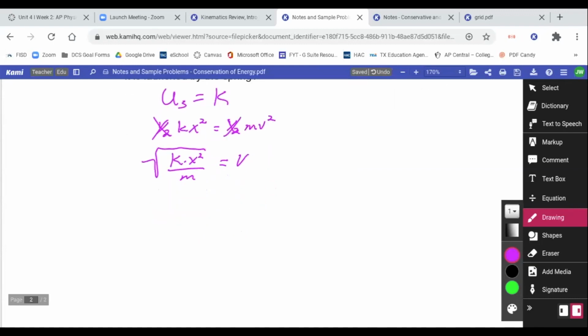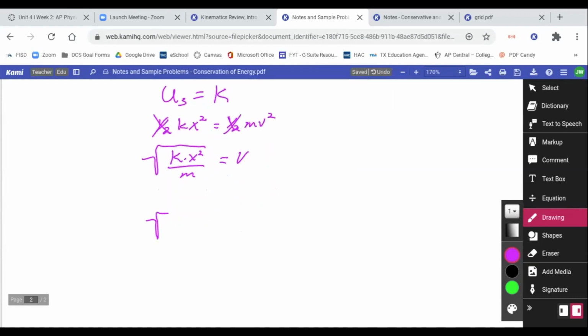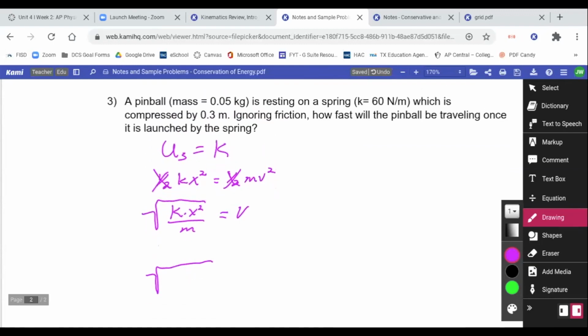Let's just simply put this together, see what the math is. We would have the square root of, what is k? 60 times x squared. X is 0.3. 0.3 squared divided by the mass of 0.05.